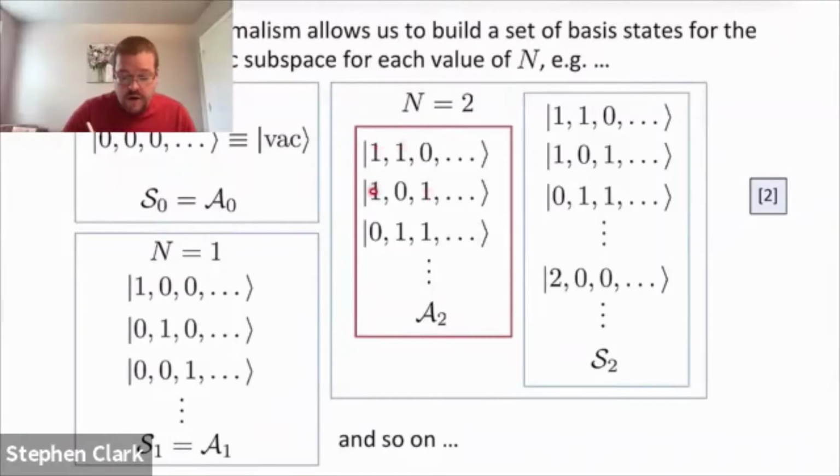You can only put 1 in any one of the single particle states, and then you've just got all the different ways you can distribute the 2 particles by not putting them in the same state. But if you've got the symmetric subspace, you've got all of those states plus all the ones where you stuck 2 particles in the same state. So it's slightly bigger again.